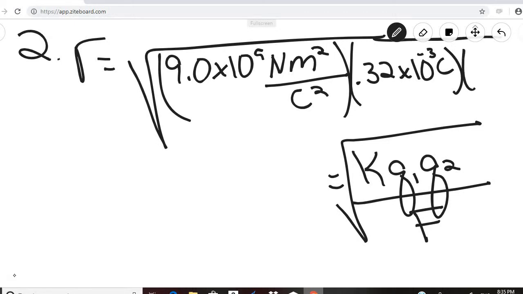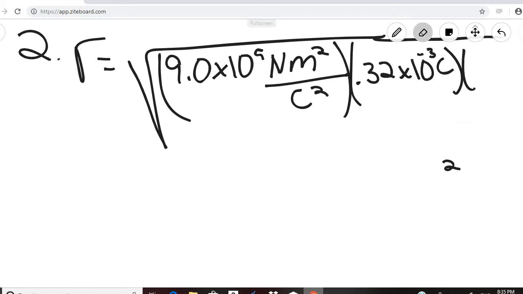The other charge is 0.55 times 10 to the negative 3 coulombs.